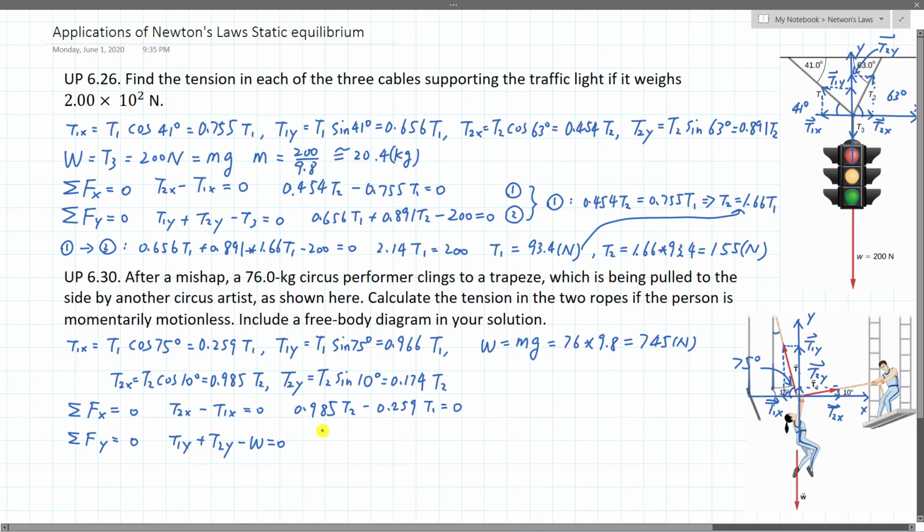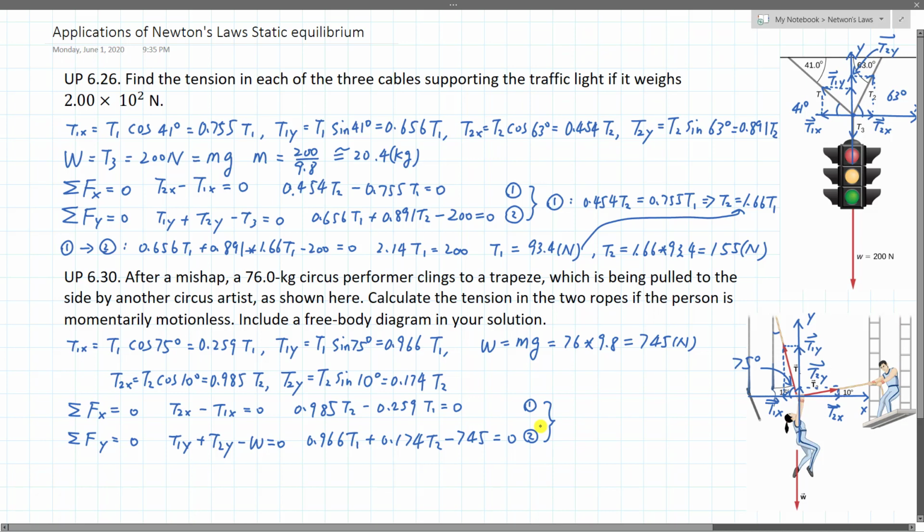So T1y is this, 0.966 T1 plus the T2y right here, 0.174 T2, and gravity was calculated 745 newtons equals 0. So these two equations are again a system of two equations and two unknowns, right?